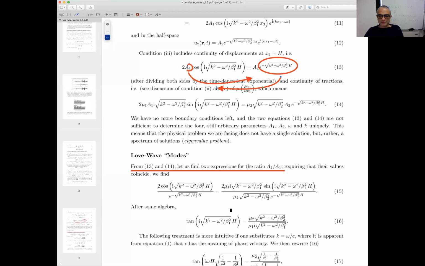Okay, and you are left with this. This is the ratio of A2 to A1 based on equation 13.